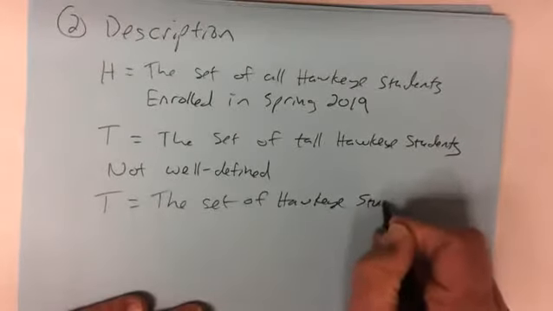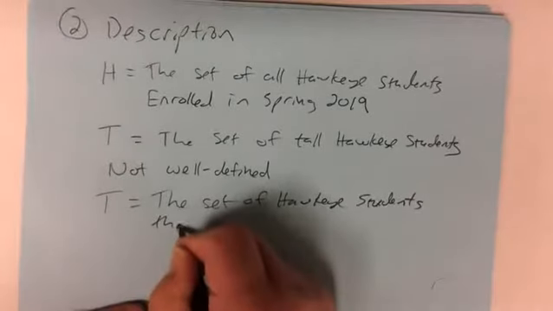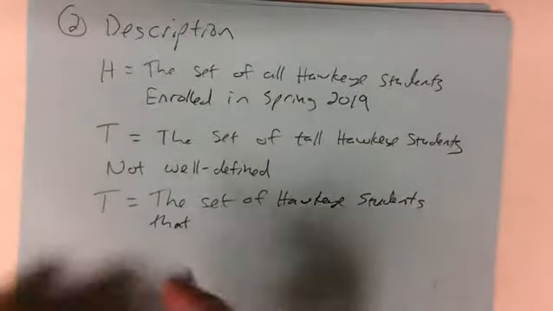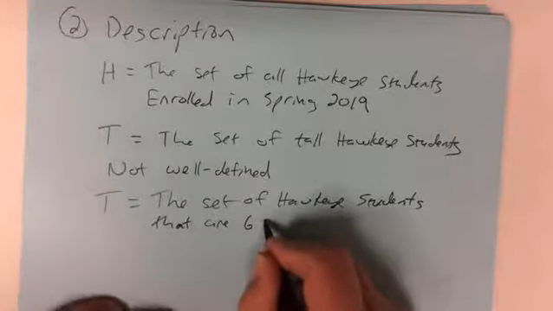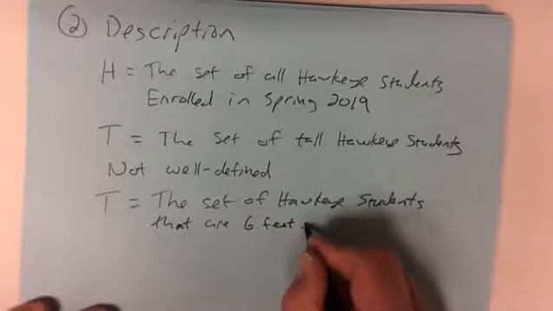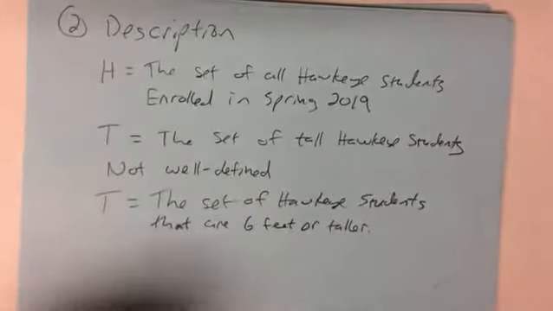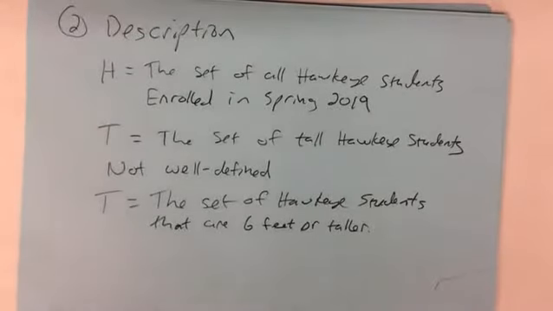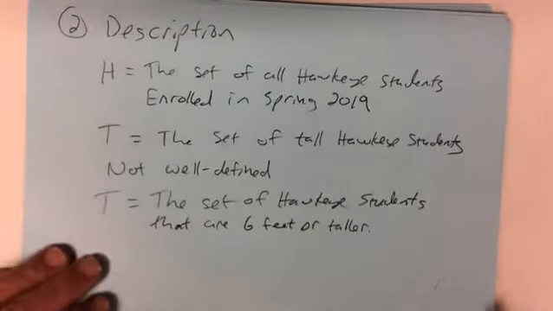So we have to give some criteria that would separate the tall students from the ones that are not tall. It might not be perfect, but that's what you need in order to use a description to describe a set. You have to make sure that it is well defined. Okay?